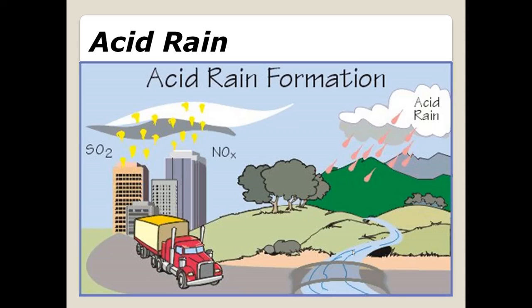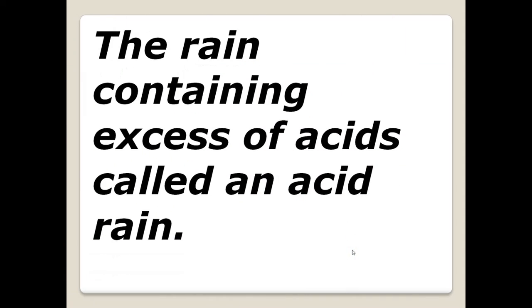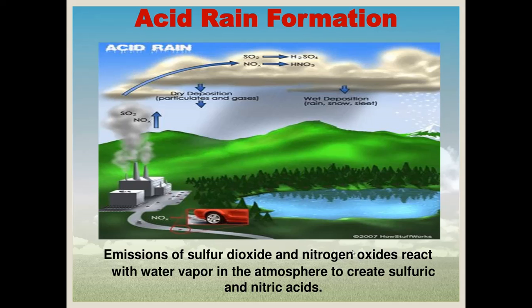Dear students, now let us discuss acid rain. Have you heard of acid rain? Yes. The rain containing excess of acids is called acid rain. It is caused by the emission of sulfur dioxide and nitrogen oxides from vehicles and factories.